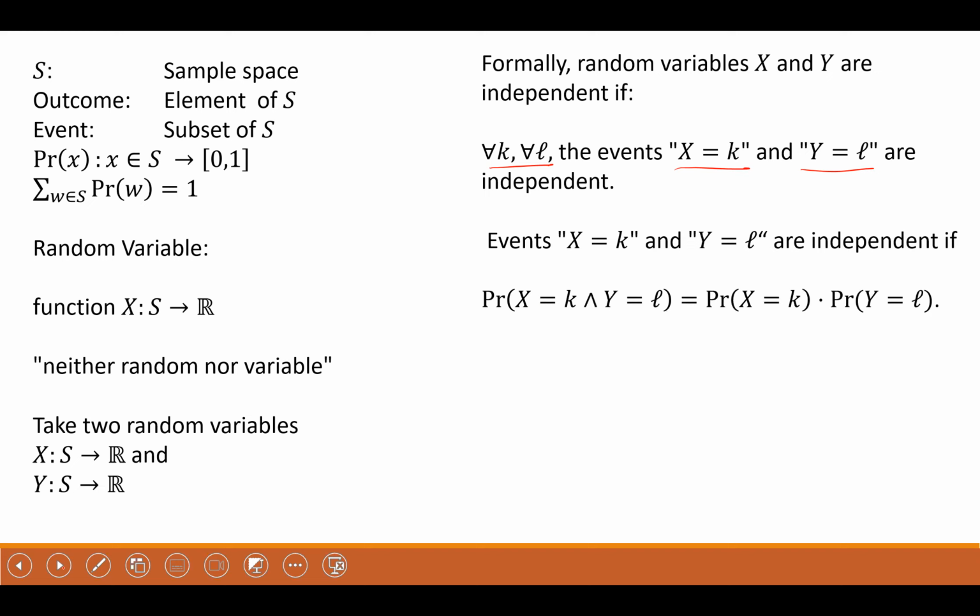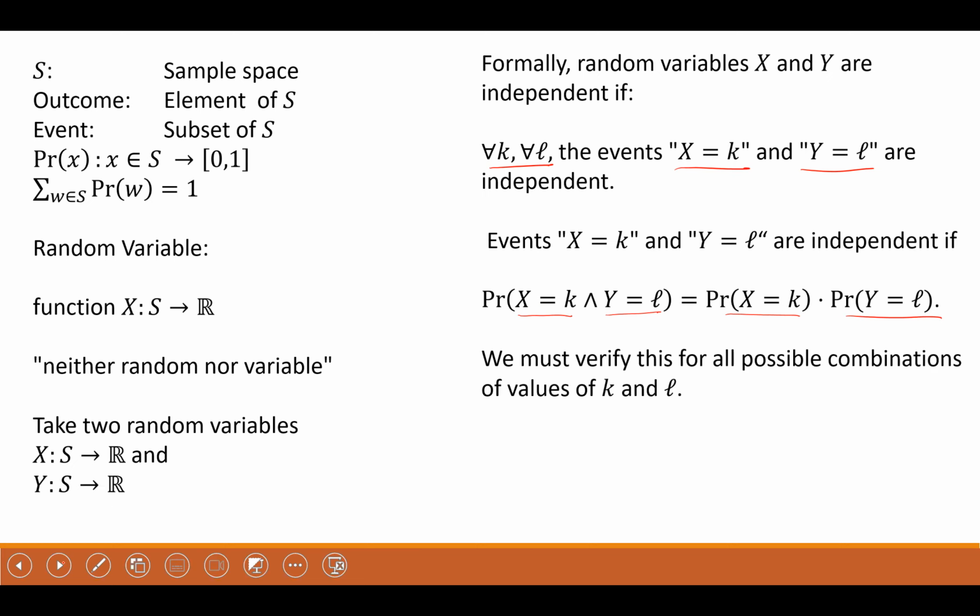Of course, how we prove they're independent is that the probability of the intersection of the events X equals k and Y equals l is equal to the product of the individual probabilities. We just use the same old formula; we're just describing events a little bit differently. But for two random variables to be independent, this has to be true for all values k and l, which means we potentially have a whole bunch of these to prove.